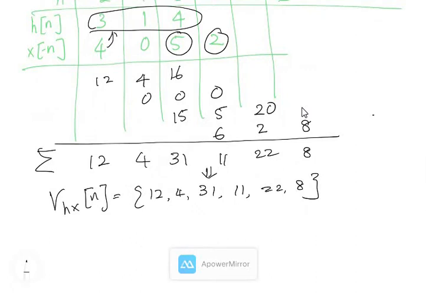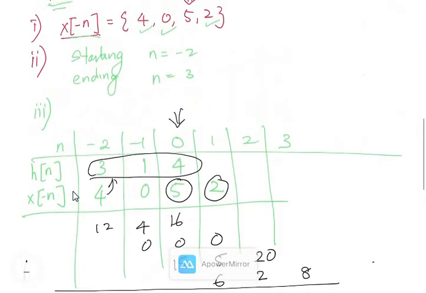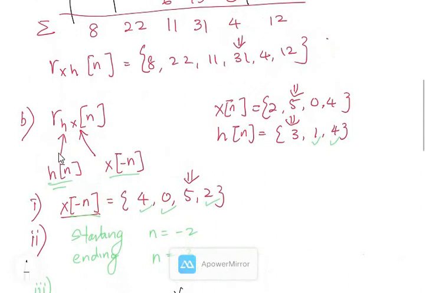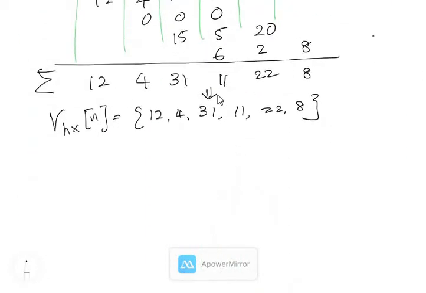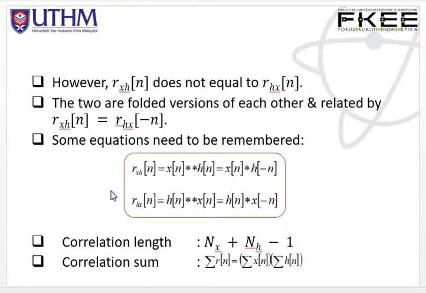Okay, now let's compare your Rhx with the Rxh. If you notice, actually this value is the flipped or folded version of this one. So this actually explains the statement of Rxh[n] equal to Rhx[-n].